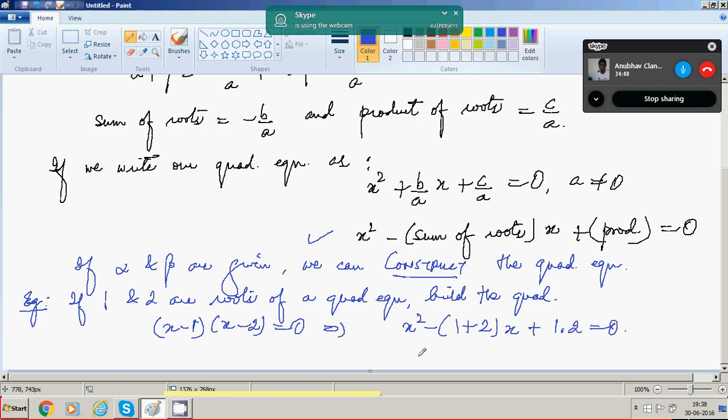This is the original quadratic equation. This is the sum of roots. Here is the product of roots. So that is what we have claimed in the general theory, x squared minus sum of roots times x plus product equal to 0. Note, it gives the quadratic equation with the coefficient of x squared as 1. Please make a note of it, very very important.